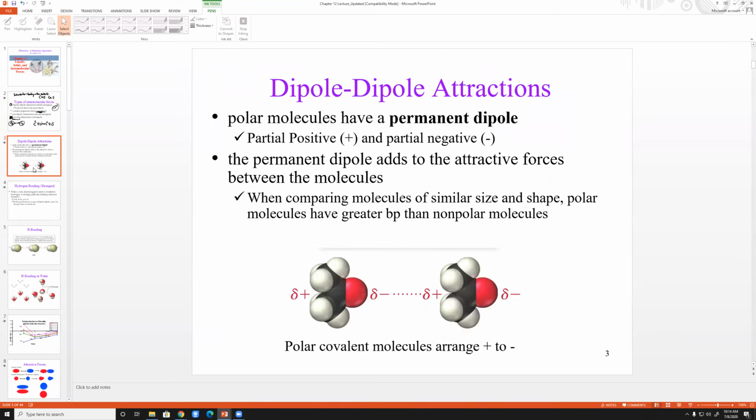Dipole is the first one, where we have two molecules that are both polar. They're both permanent dipoles, meaning they're polar. We know what polar is. And they have, which is true for all polar molecules, a partial minus and a partial positive charge. Once they interact and get in close proximity, they would align where the minus charges line up with the plus charges.